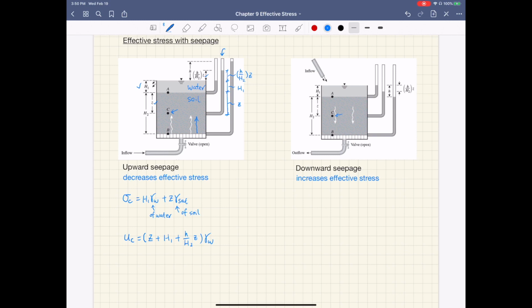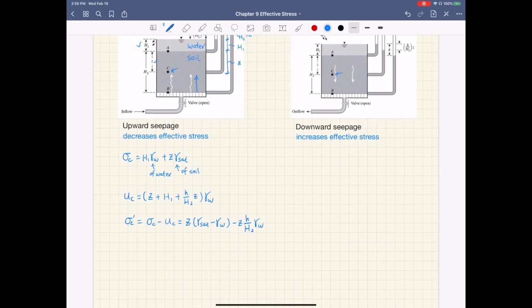Finally, by the effective stress equation, sigma C prime, your effective stress at point C, is total stress minus pore pressure. If you substitute the total stress and pore pressure expressions into this, we get z times (gamma saturated minus gamma water) minus z times h over h2 times gamma water.